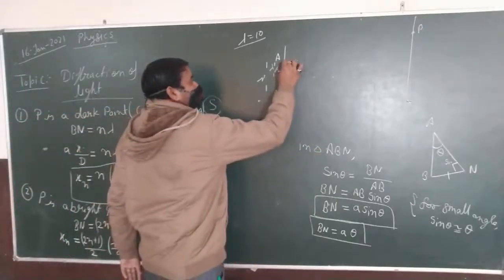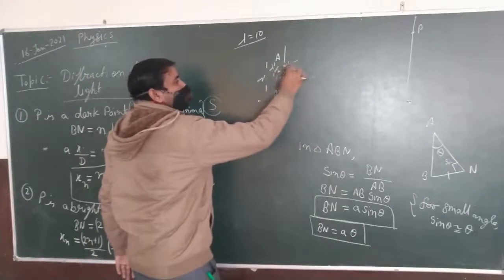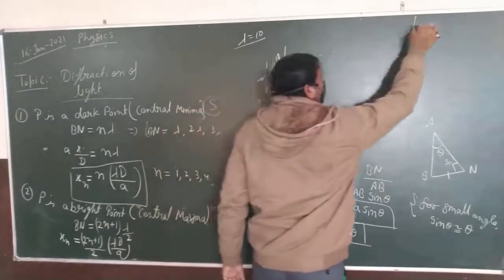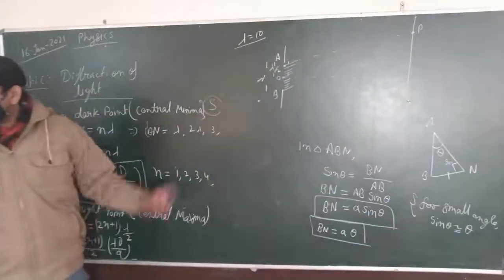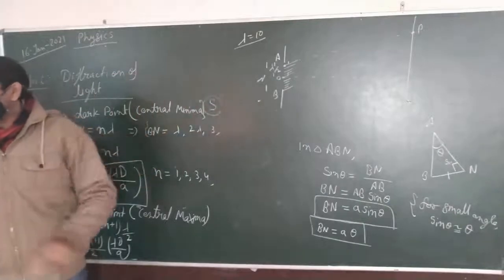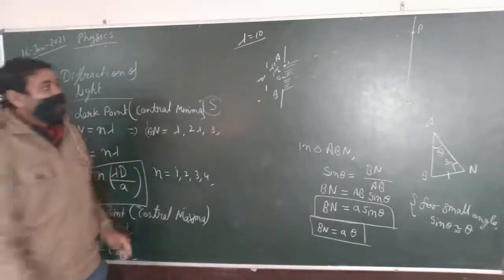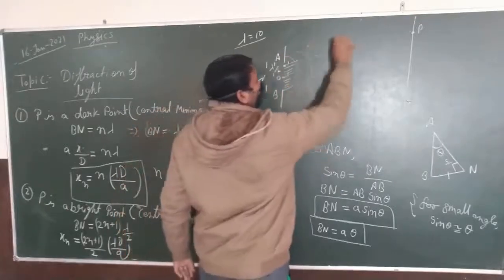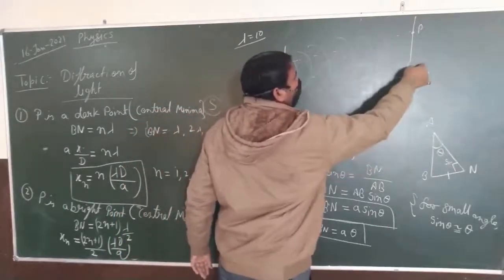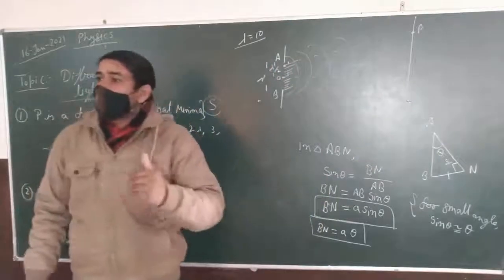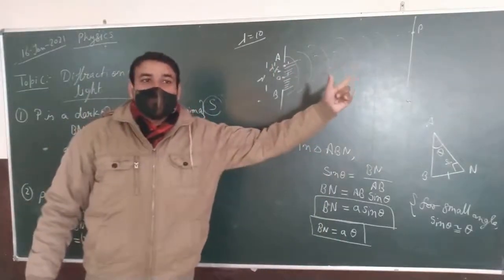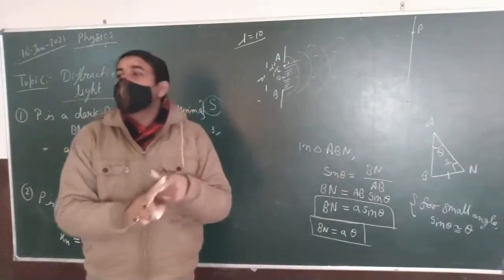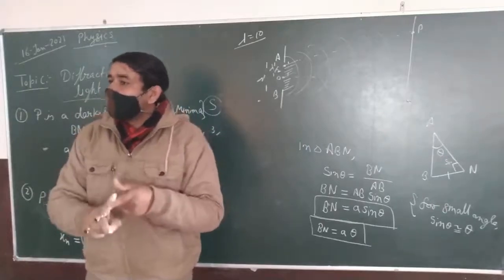A ray which is traveling from here, ray 1, reaches P with a dark point, which means trough. Some rays reach P with their trough, and some rays reach with their crest.